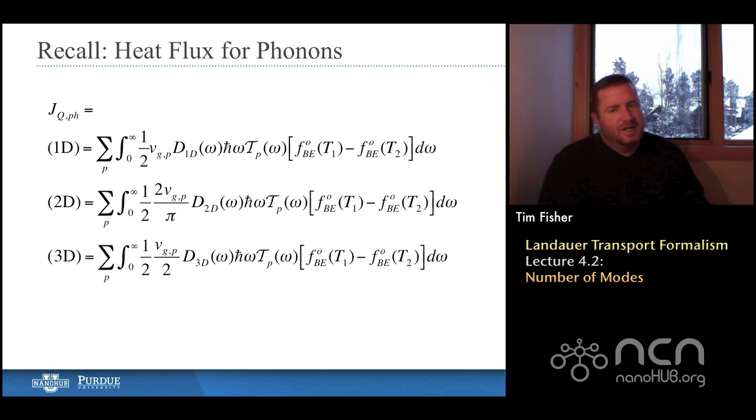We kind of expressed this velocity within a group of other constants, and it turns out that those constants actually are needed to say that's the average velocity in the direction of transport. Okay, and the rest of the terms are energy, transmission function, distribution function difference, and so forth. And most of those, except for the transmission function, we've covered. We're going to have to wait another week for the transmission function.